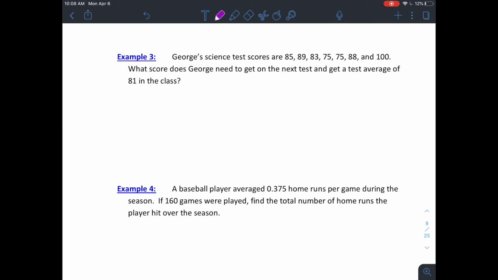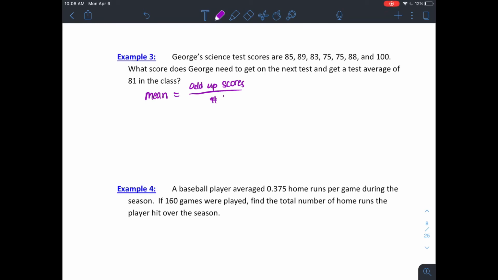Okay, so we've got a set of science scores, and we're trying to calculate what score George needs to get on his next test in order to get a test average of 81. So if you think about how you find your average, your mean comes from adding up all your scores and dividing it by your number of tests.